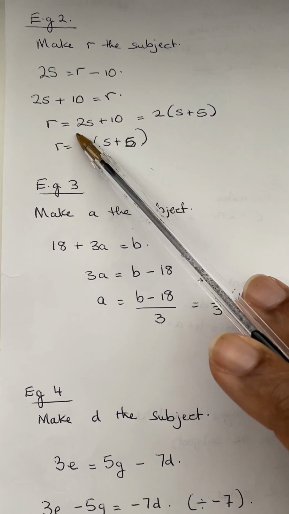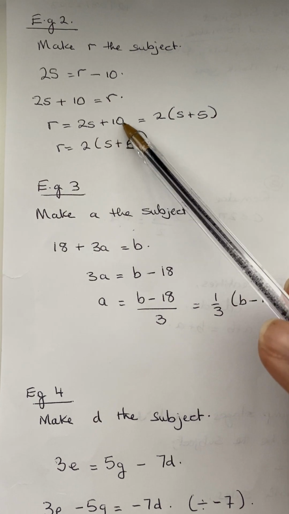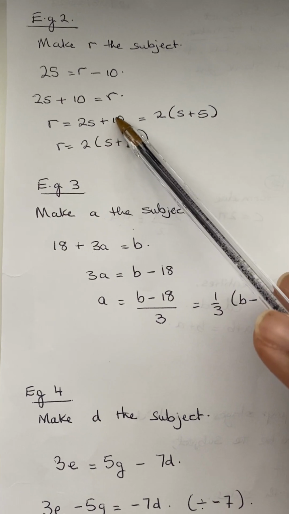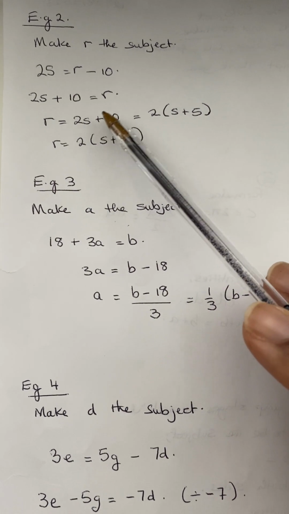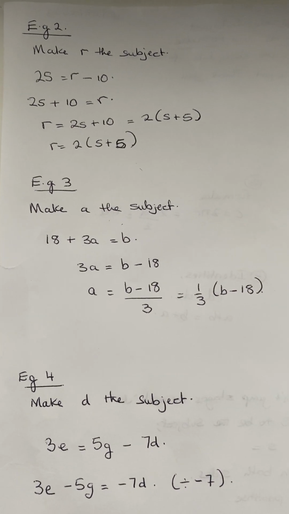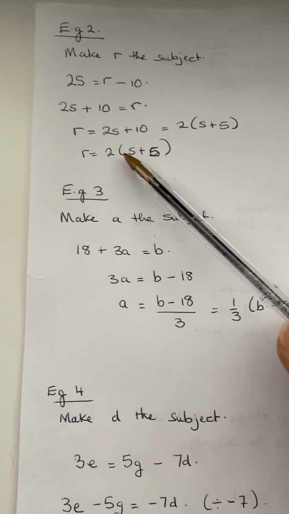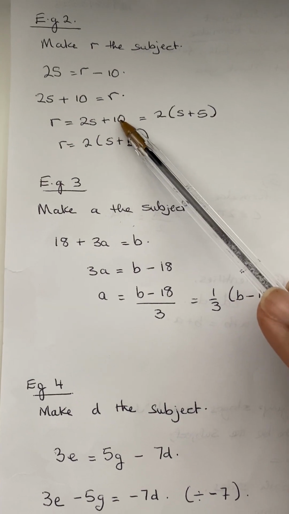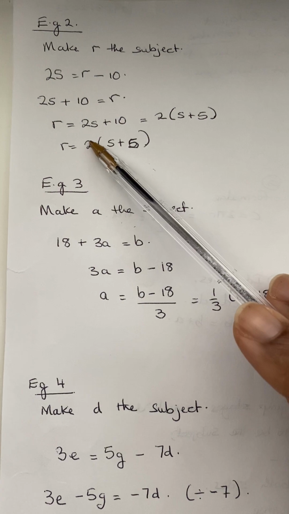Now r equals 2x plus 10. I'm just swapping them around. Okay. Now look at 2x and look at 10. 2 here and 10, they have a common factor.